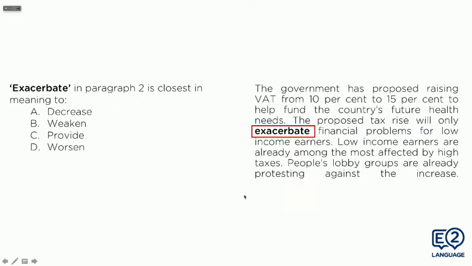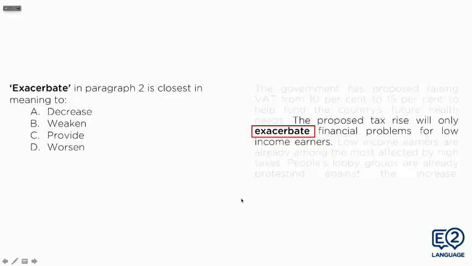So we look here and we can see the highlighted word exacerbate. We want to focus on the sentence, the context that it's in, which is: the proposed tax rise will only exacerbate financial problems for low-income earners. The proposed tax rise will only exacerbate financial problems for low-income earners.